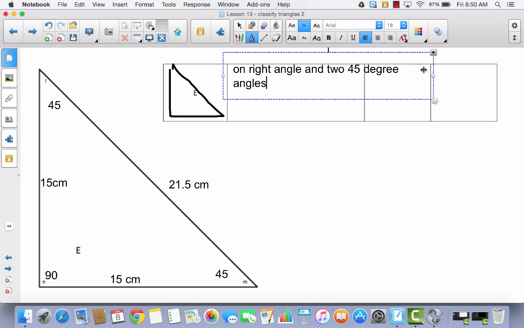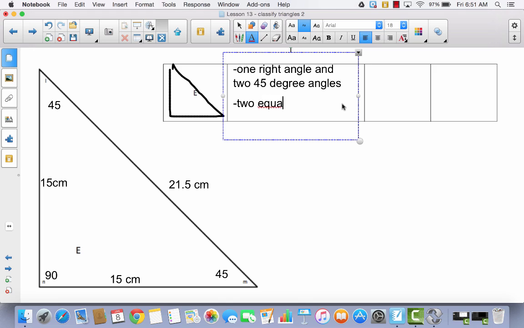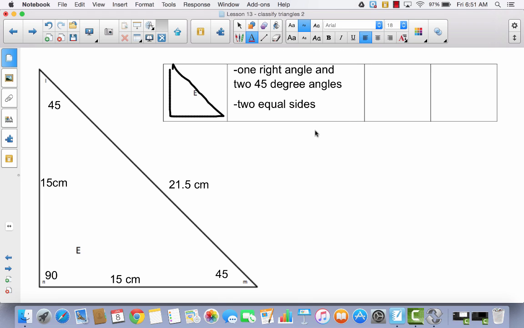All right, then let's say, that should say one, right? Then let's say two equal sides. All right, so we have one more left.